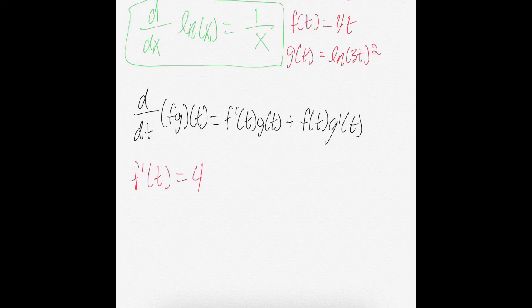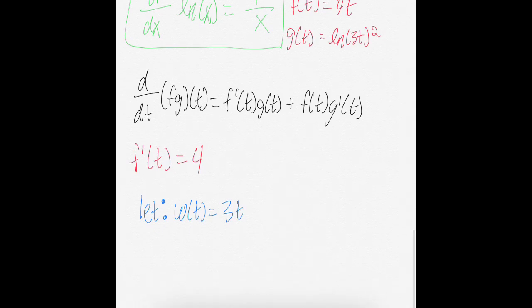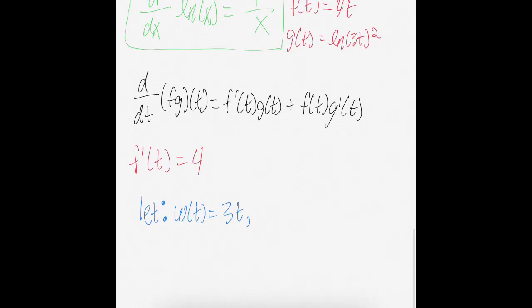Oh boy, how do I want to label these functions? Okay, so let's do it in blue, I suppose. Okay, so for g of t, I'm going to do the following. I'm going to name three functions here. Let w of t be 3t.